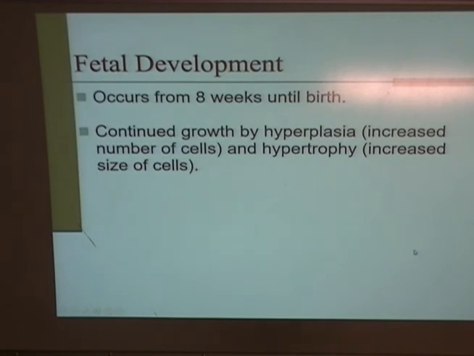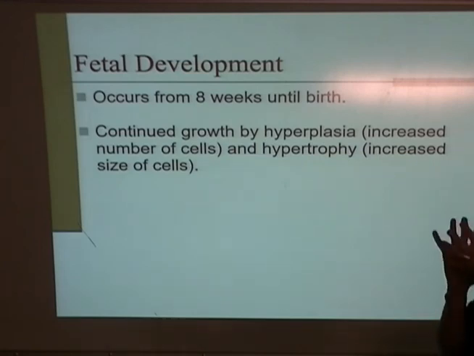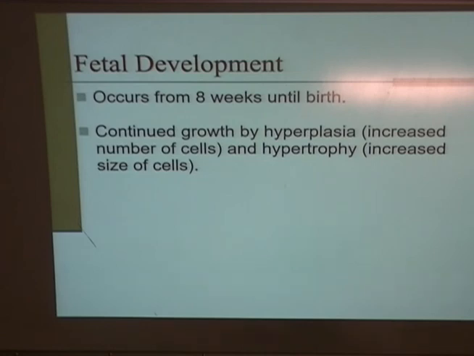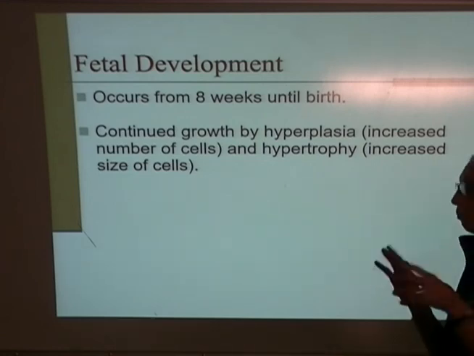So, 8 weeks transitions from what was an embryo to what is now called a fetus, okay? And we continue to see massive, rapid growth in the fetal period. And growth in body cells occurs 2 ways when we're in the womb, right?